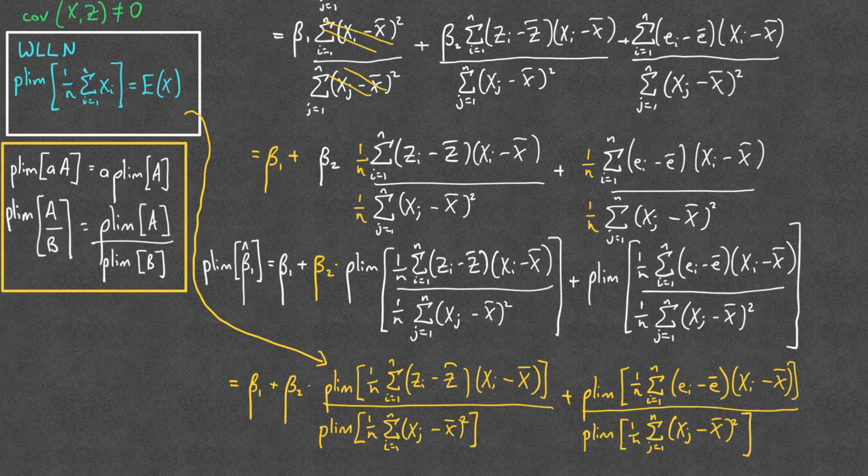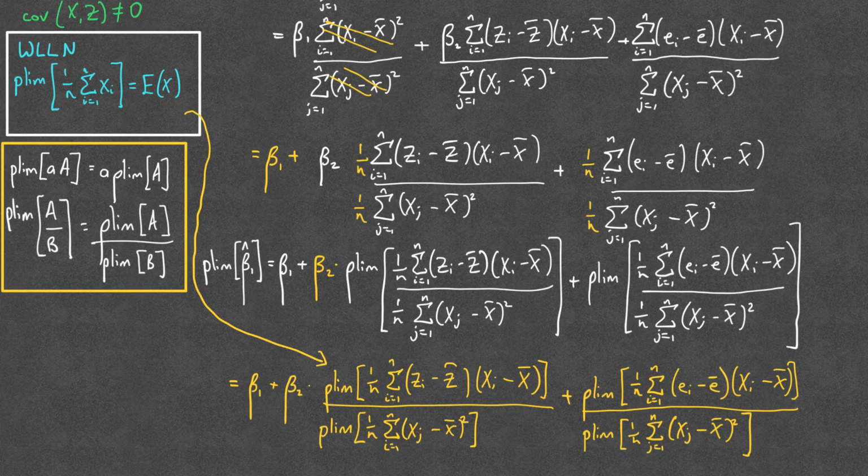So provided the e term is unrelated to the x, then this final term vanishes. But we also are told that the covariance between z and x is non-zero. So that means that our probability limit of beta 1 hat is going to be equal to beta 1 plus beta 2 times the covariance between z and x divided through by the variance of x.